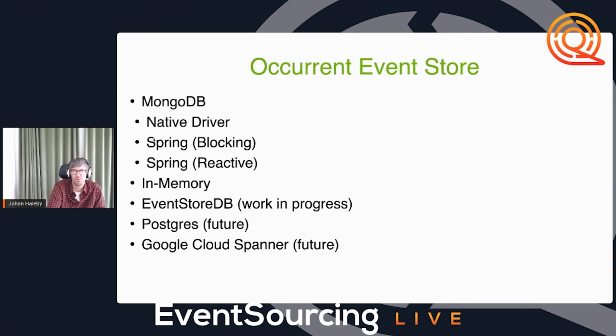I have one Spring reactive implementation that uses Project Reactor. And then there's an in-memory implementation. I have started working on an Event Store DB implementation as well. Postgres is something that I want to look into, and I would really like this to work with Google Cloud Spanner. That would be awesome if that would be possible. So yeah, I will try to see what I can do in the future.